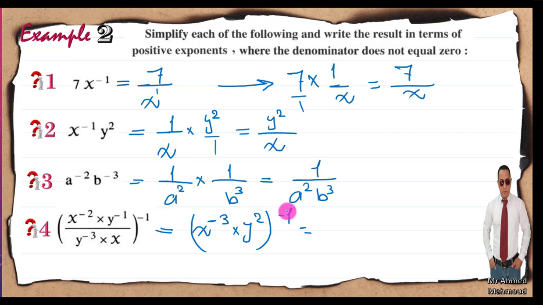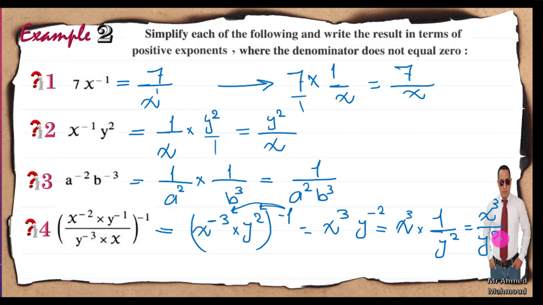Now I'm going to distribute the power, so it is equal x. Negative 1 times negative 3 equals positive 3, and negative 1 times 2 equals negative 2, so it is y power negative 2. Finally, it's x times x power 3 times 1 over y power of 2, which is equal to x power of 3 over y power of 2. This is the simplest form.